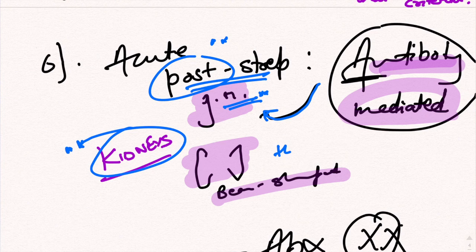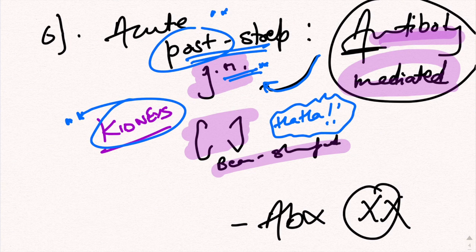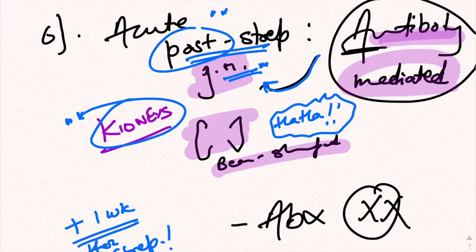My God, those look more like lungs, but you get the idea, like bean-shaped kidneys. It usually occurs about a week after Group A infection. The thing with this is it cannot be prevented with antibiotics. Antibiotics don't work here.